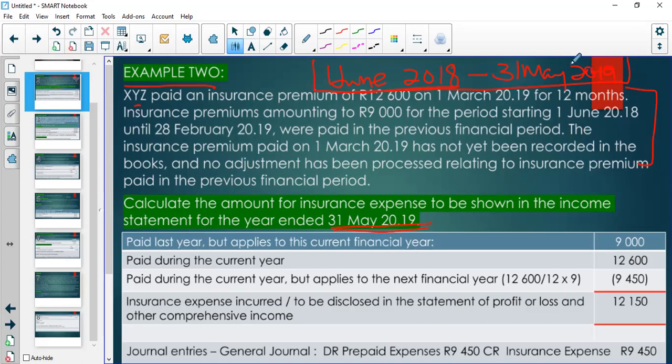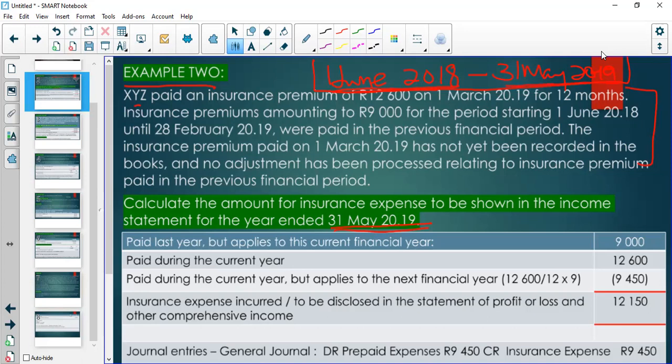Right. So we are interested in any expense that applies to this current financial year. Remember, when we say it applies, we're not saying it was paid. We're saying it was incurred. In other words, we became liable for payment because we enjoyed a certain benefit within the period 1 June 2018 to 31 May 2019.